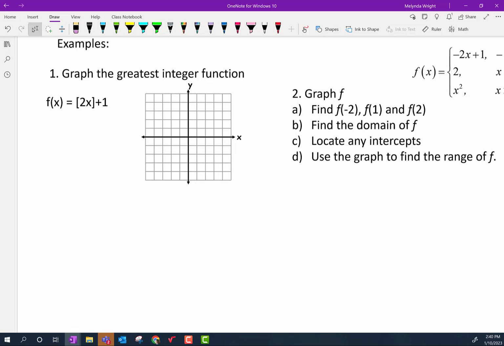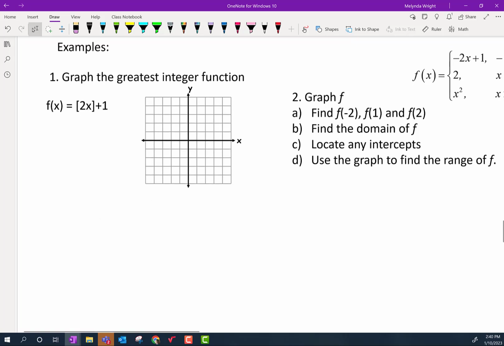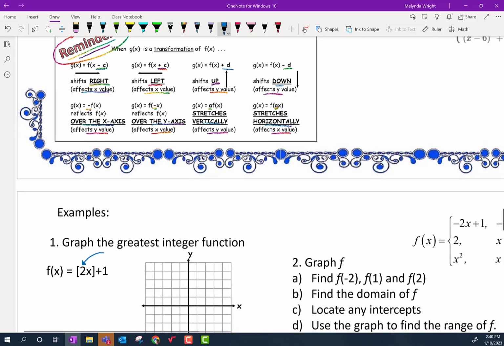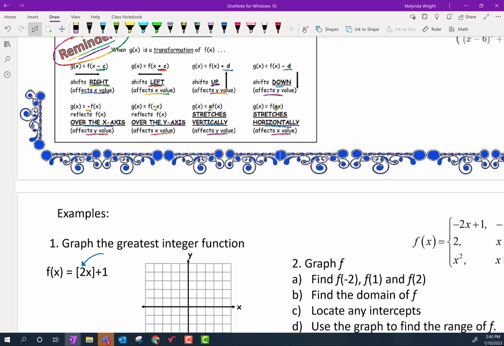Okay, so the greatest integer of 2x plus 1. Before we graph, it might be helpful to think about the transformations. This 2, if we go back and look at our transformations, is inside with the x, so it's going to affect the x value. It actually has the opposite effect.